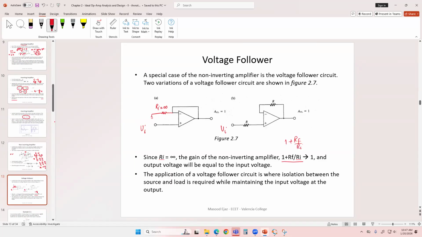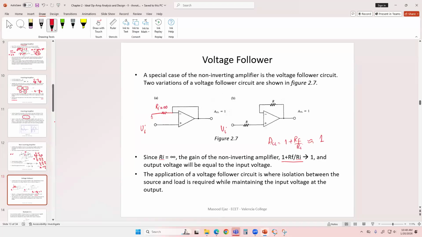If Ri is open circuit or extremely large, then when you take the limit Ri tends to infinity, this is going to be 0, and your ACL, the closed loop gain, is going to be approximately equal to 1, which means that the output and input are going to be equal to each other in this case. So this circuit is called a voltage follower circuit. That is, the output is going to follow the input, exactly the same value with a gain of 1.